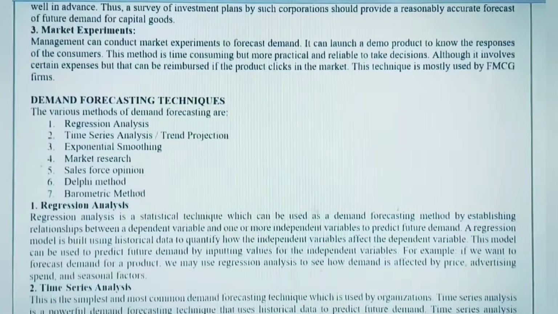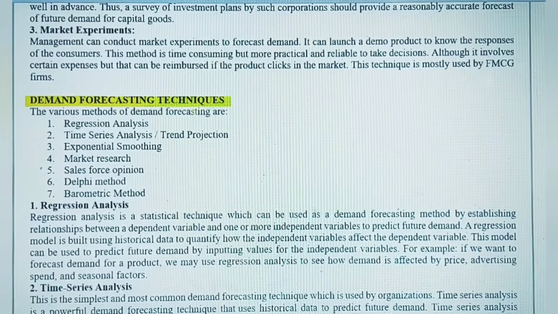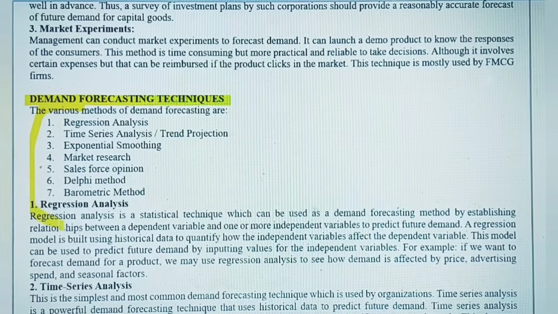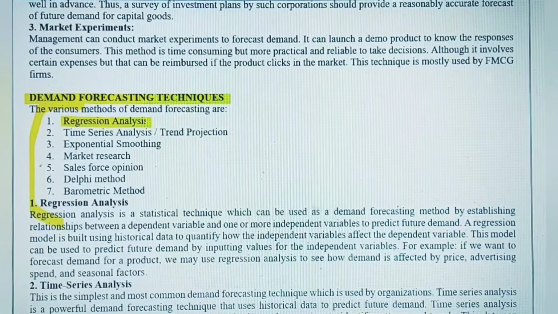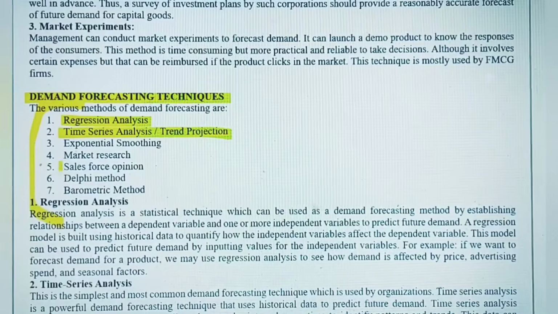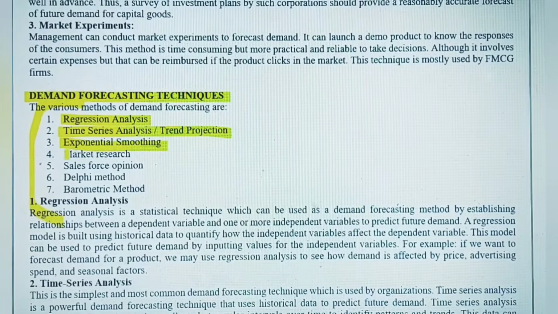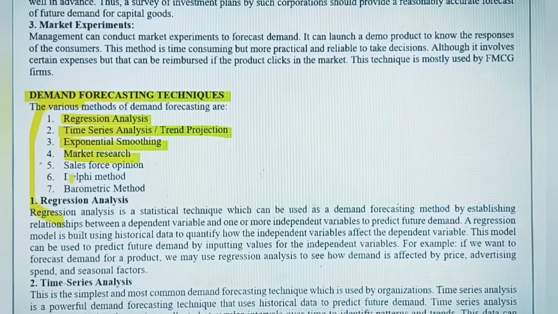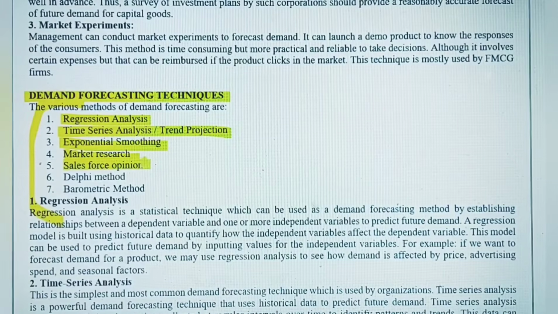And these are the various demand forecasting techniques which are used in managerial economics. There are as many as 7. The first one, regression analysis, one of the very important analyses. Then time series analysis can be done. Exponential smoothing, that is one of the very good techniques. Market research is a very common technique. We can take the opinion of the salesmen or sales staff to collect data.